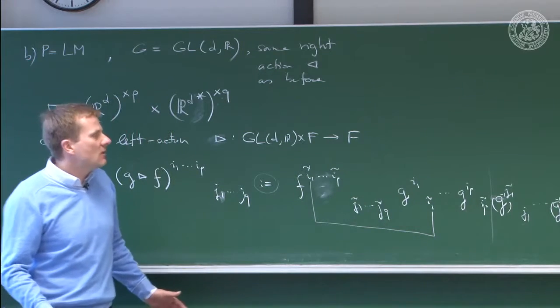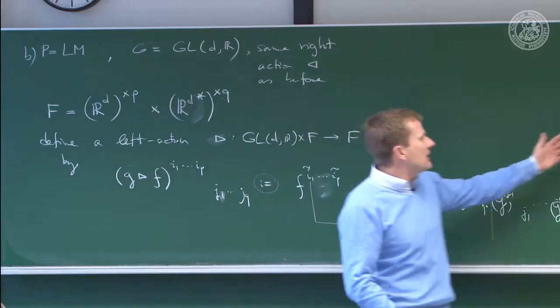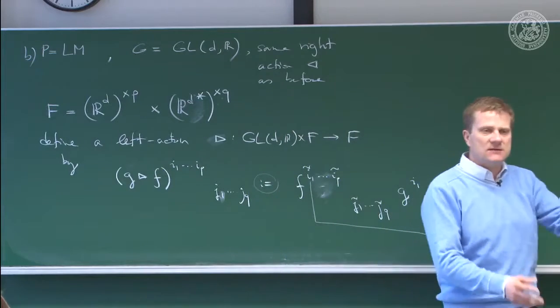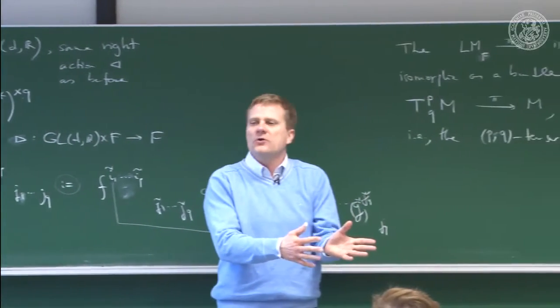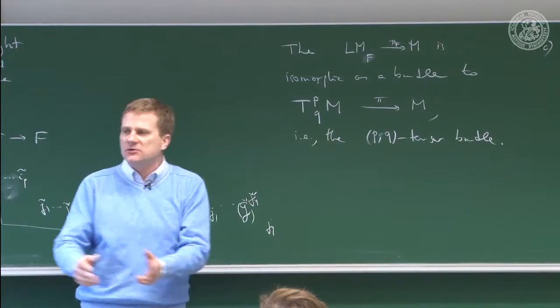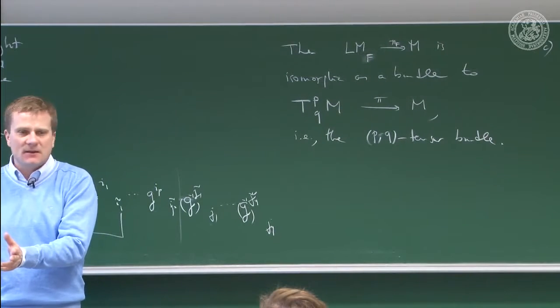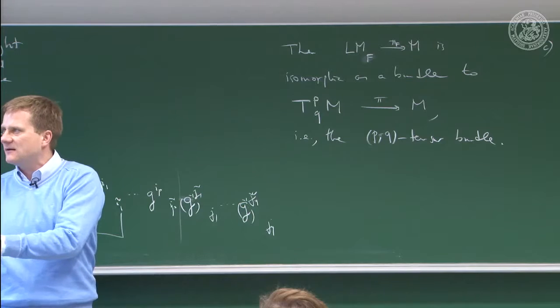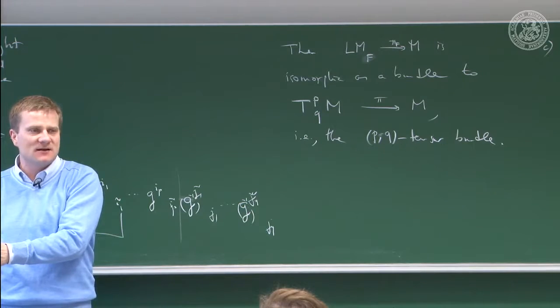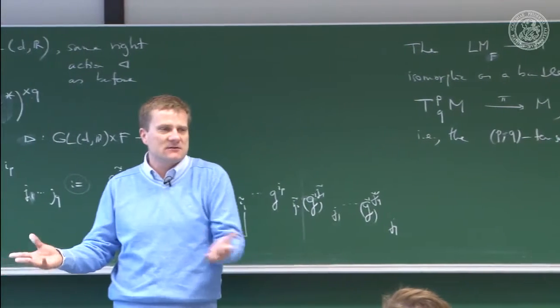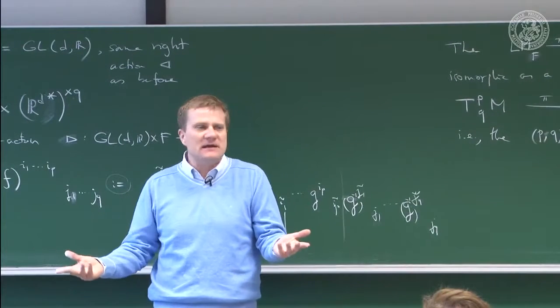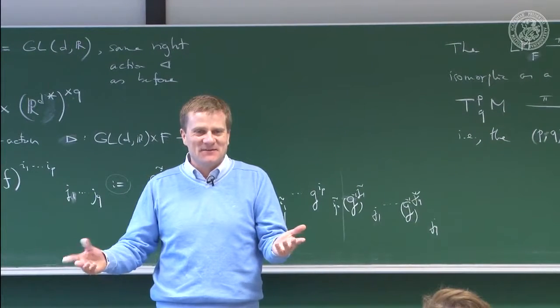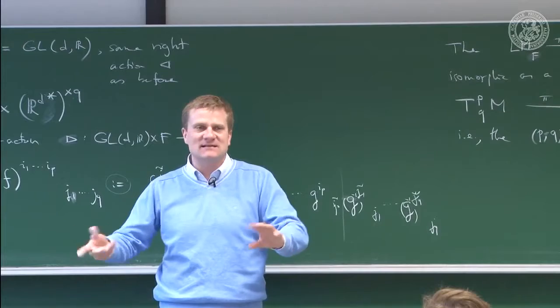Because otherwise, what is the point? If you change the basis in your tangent space, who on earth instructs you to change the basis in your, say, PQ tensor space the same way? Because they're different spaces, you can choose bases as you like, right? So who tells you that you have to do this at the same time?